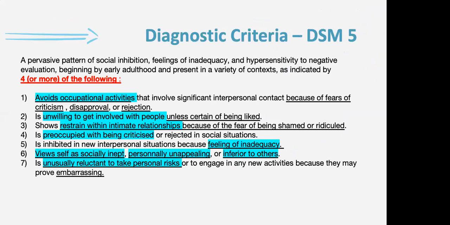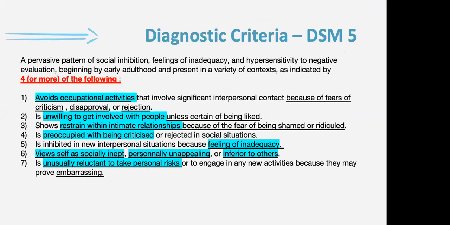For the diagnostic criteria from the DSM-5, avoidant personality disorder is a pervasive pattern of social inhibition, feelings of inadequacy, and hypersensitivity to negative evaluation, beginning by early adulthood and indicated by 4 or more of the following. First, as I said before, they avoid occupational activities because they're afraid of rejection, criticism, and disapproval. Second, they don't want to get involved with people unless they are certain people like them.